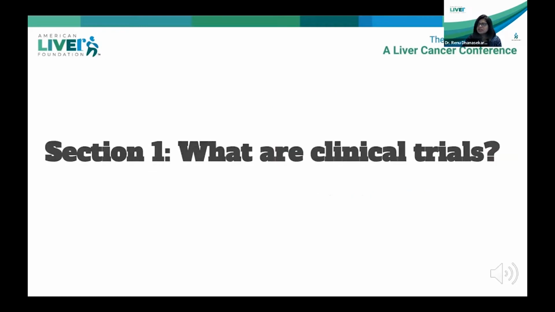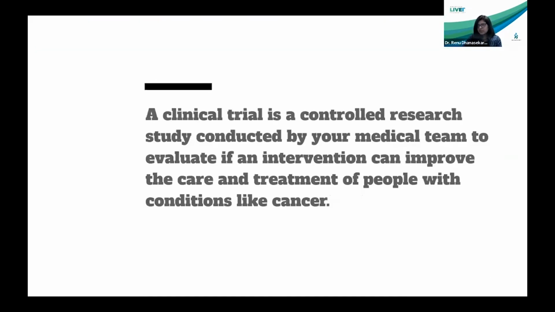So let's start with the first section on what clinical trials are. If you look at a definition which can capture the essence of what a clinical trial is, a clinical trial is a controlled research study. It's conducted by your medical team. The goal is usually to evaluate an intervention and to see if we can improve the care and treatment for patients with different conditions like cancer.